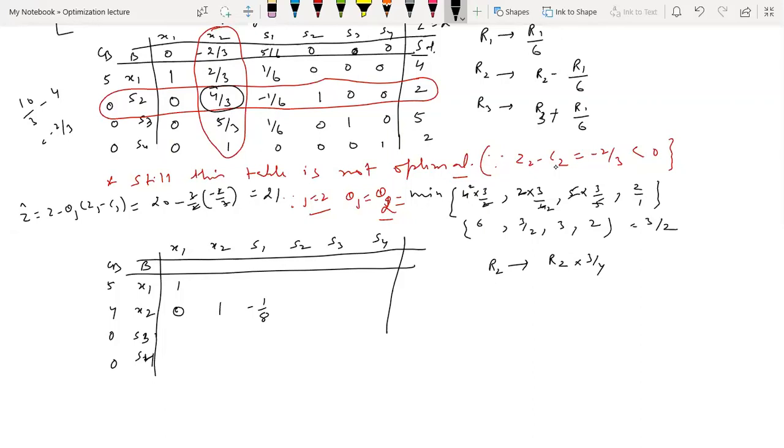Then you have 3 by 4, then you have 0, 0, and the final entry is 3 by 2. Okay, and to make this element 0, what I'm going to do is divide row 2 by 4 by 3, meaning I'm going to multiply row 2 by 3 by 4.